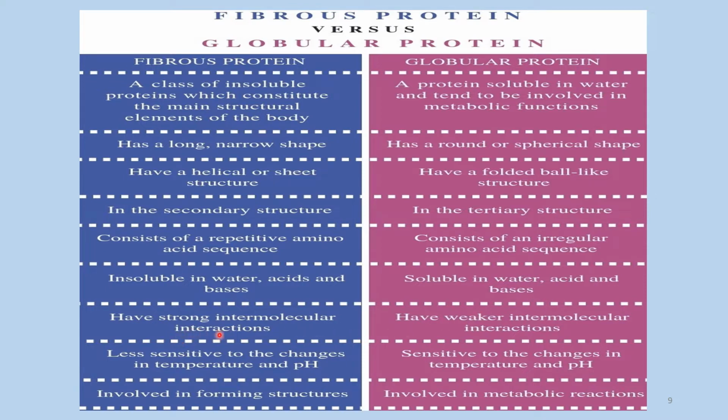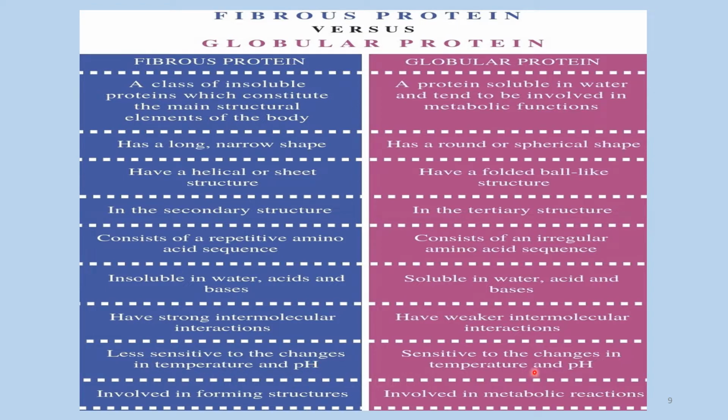Fibrous proteins have strong intermolecular interactions, so they give you strength and are strong in structure, and they are less sensitive to changes in temperature and pH.